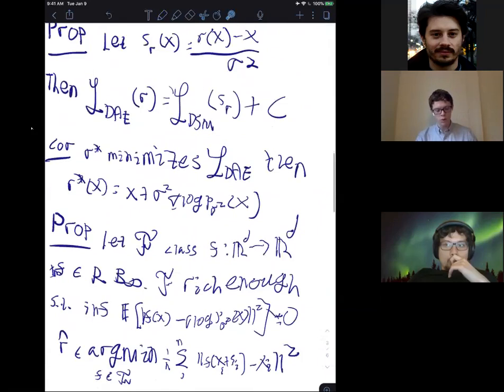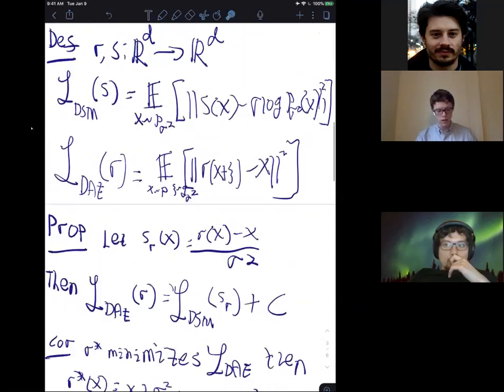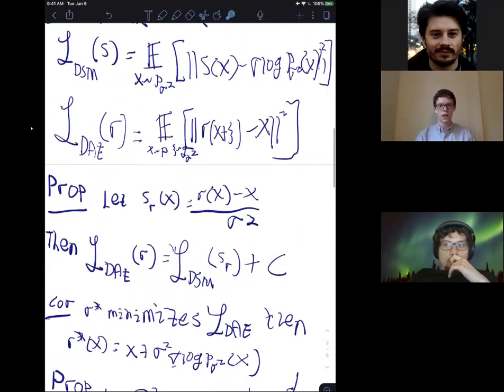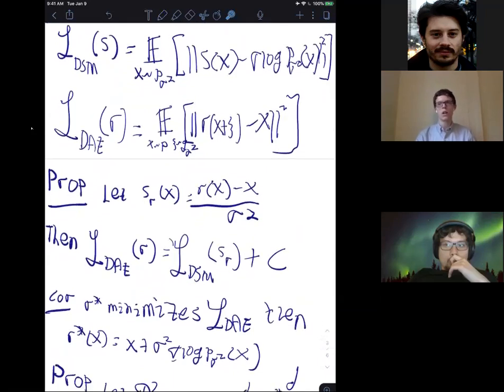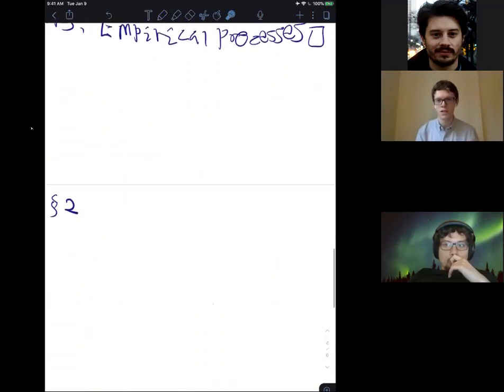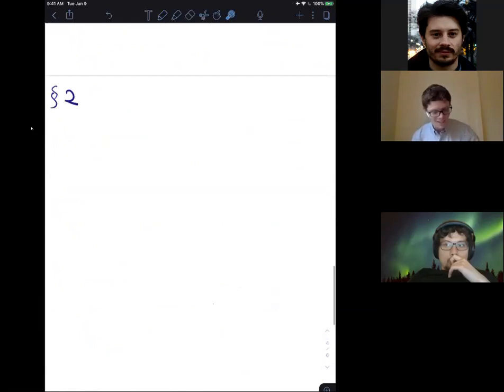Also, one more point when you're actually training this: I think the DSM is a little bit more numerically stable, because eventually you want somewhat small noise levels, and taking R of X, the recoder, then subtracting off X and dividing by sigma squared might not be the most stable. But I'm in math, so this kind of thing doesn't matter as much to me. Good question. Does anyone else have any questions before I switch gears?